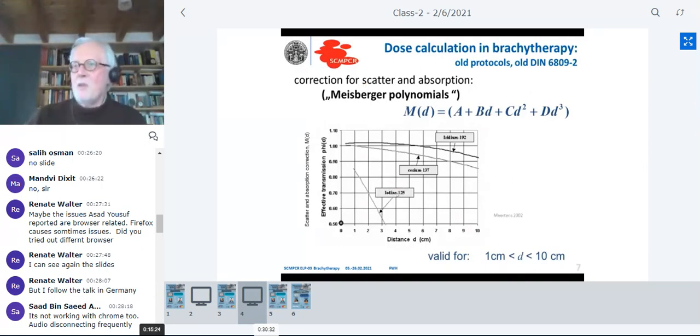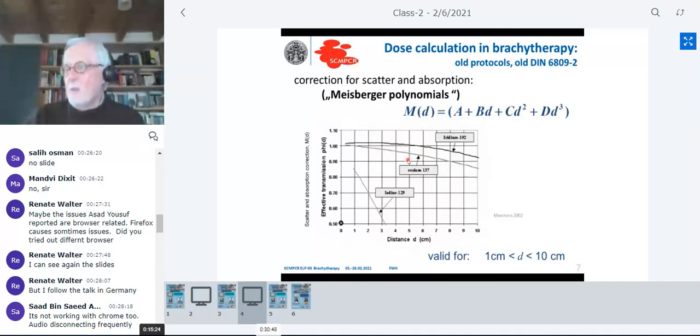You see these polynomials here for iridium and for cesium, which are very similar. These are high energy sources. We spoke about that yesterday. They are very flat because we're in the range of Compton scattering.